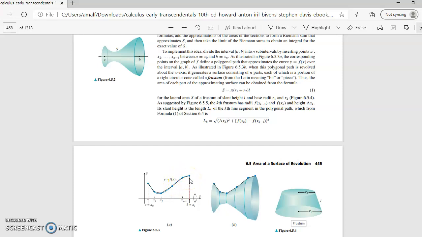That will give us polygonal paths. Now take the curve formed using the union of these line segments.